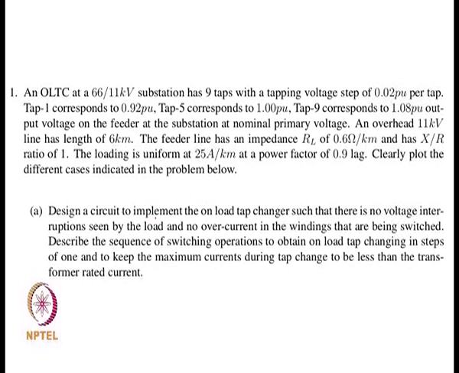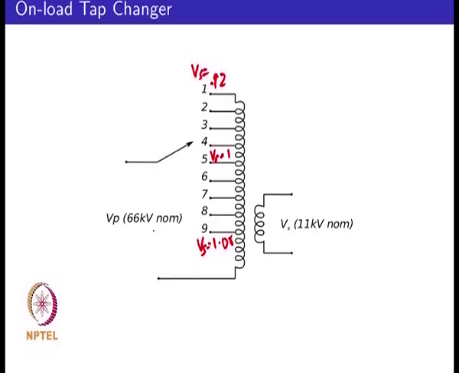First we will look at the circuit implementation of the tap changer, and how the on-load tap changing is achieved. If you want to change taps in a structure such as this, going from say tap 1 to tap 2 without interruption, if you simultaneously contact 1 and 2, then you are shorting a coil, so you can end up with large currents in the shorted coil.